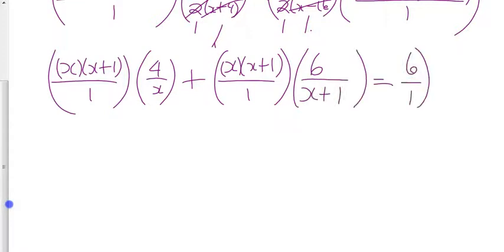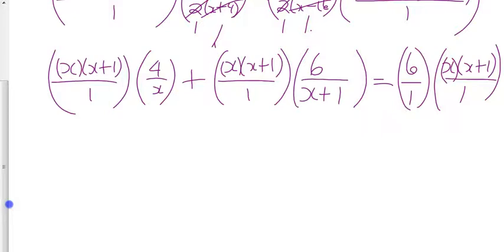And we take the 6 over 1 and multiply it by x plus 1, like that.